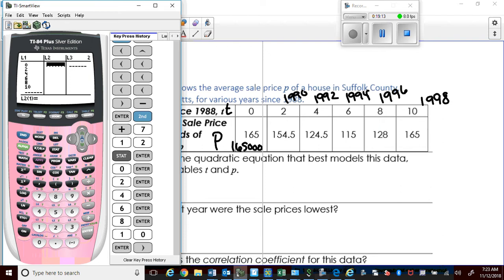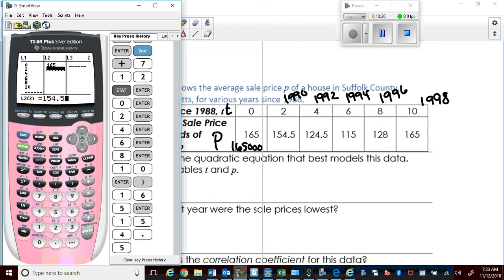On the right, put my numbers in. 165, 154.5, 124.5, 115, 128, 165.